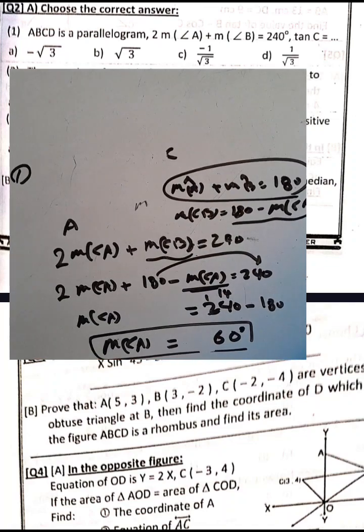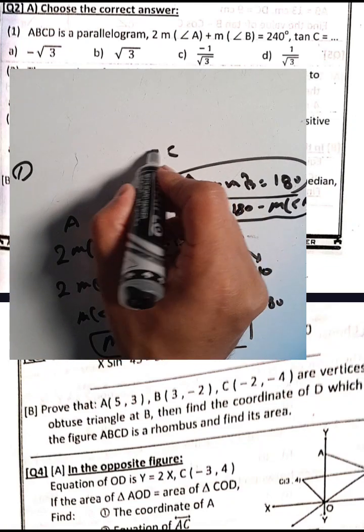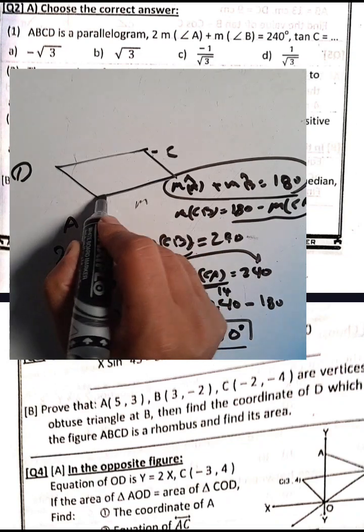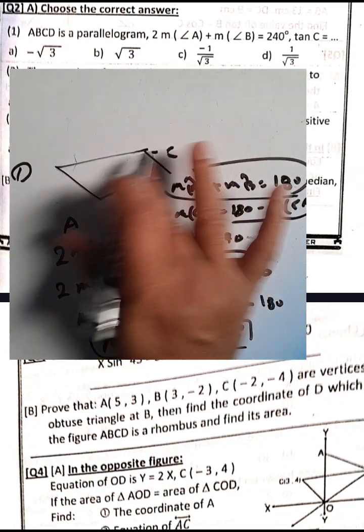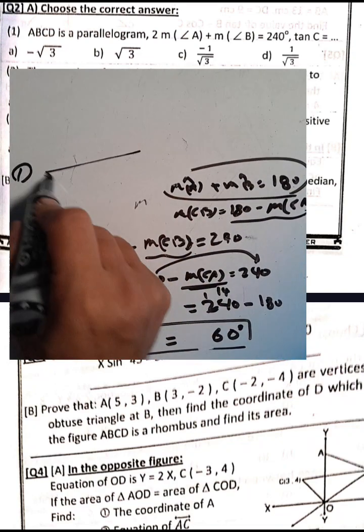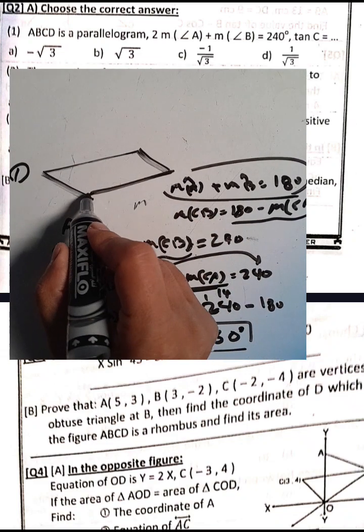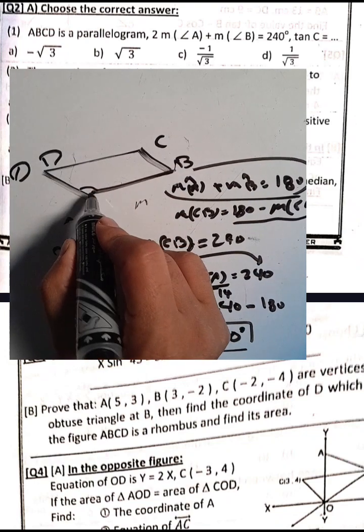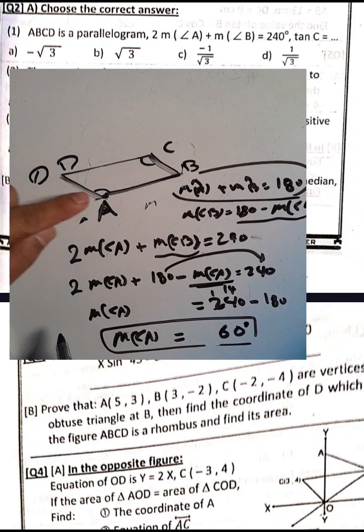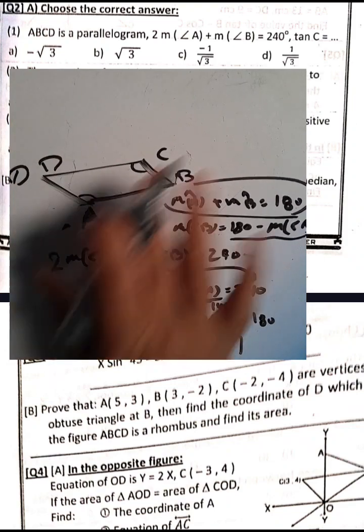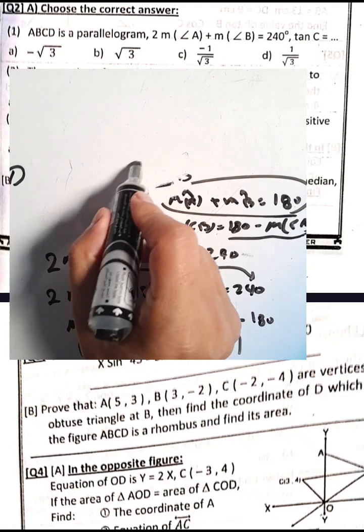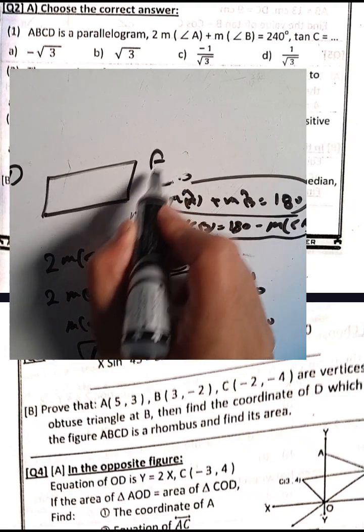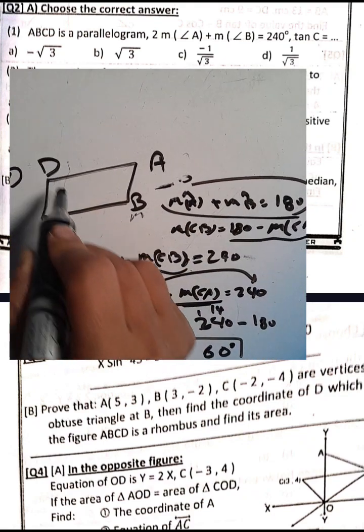Then the measure of angle A, I will draw the exact result because A will be an acute angle here: A, B, C, and D. The measure of angle A equals the measure of angle C, which equals 60 degrees.